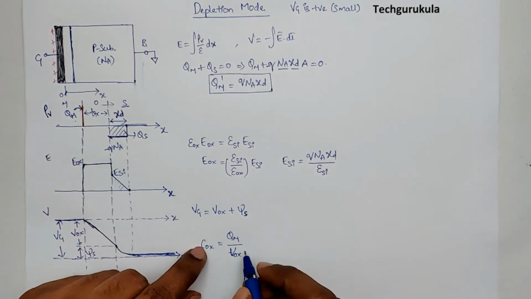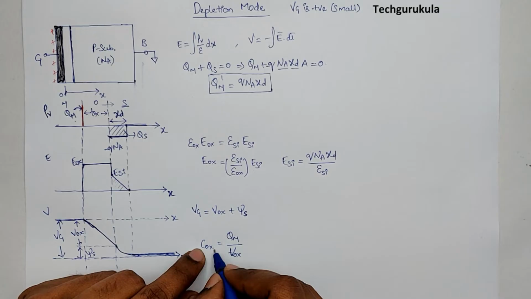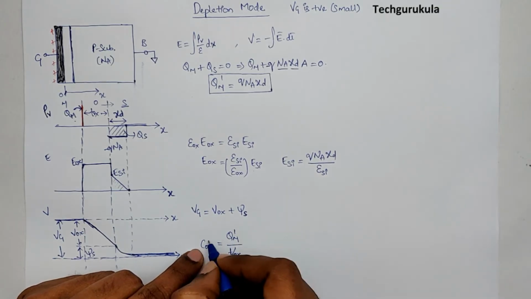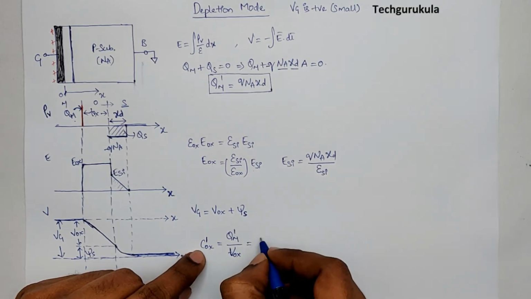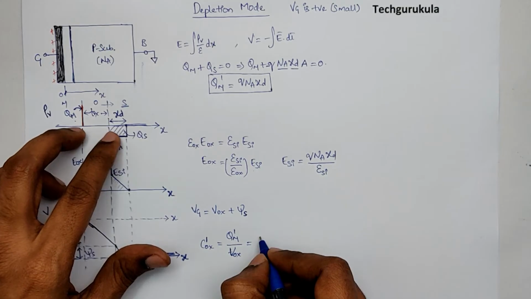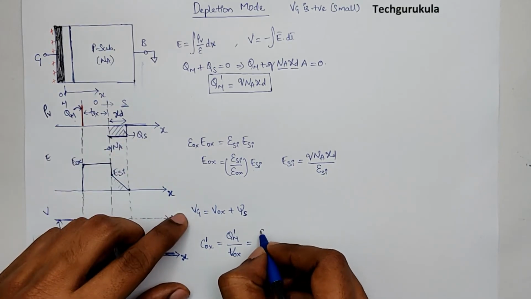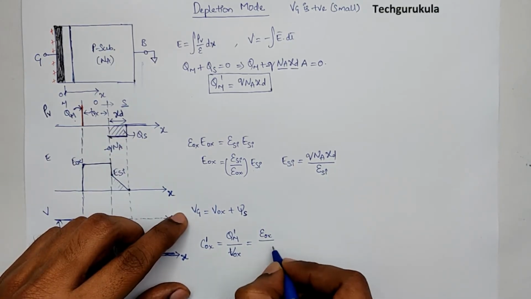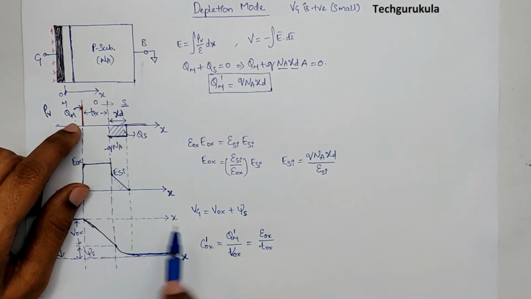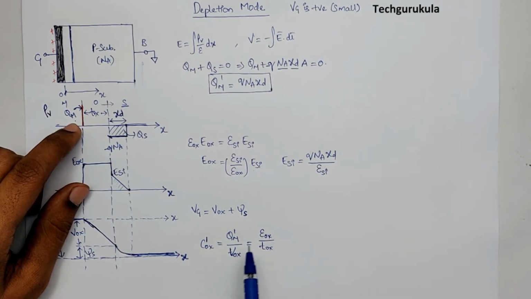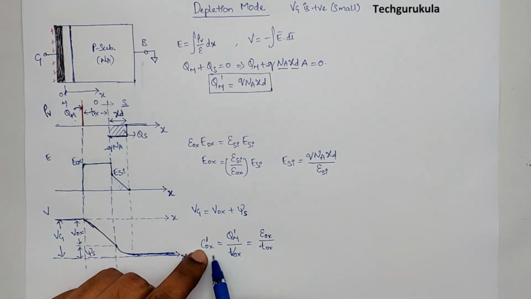But in this case, if it is Qm prime, we should write Cox prime, so that we know this is capacitance per unit area. Now this is also equal to epsilon ox divided by Tox, because C is equal to epsilon A by distance. A is not here just because Cox is per unit area, hence I didn't take the area here.